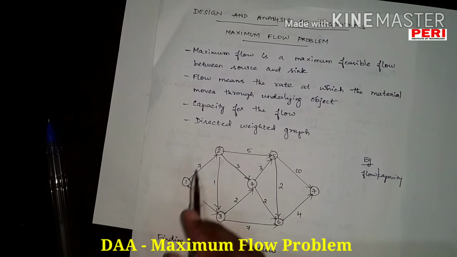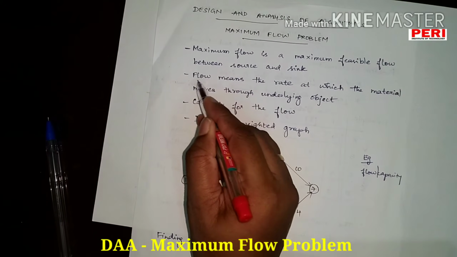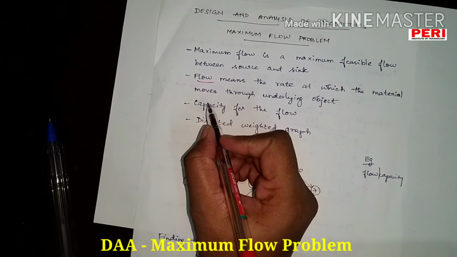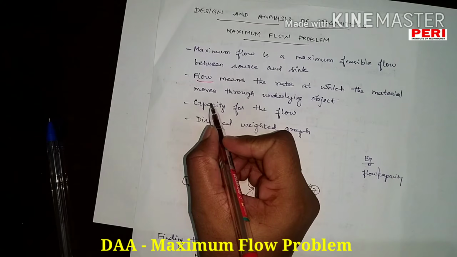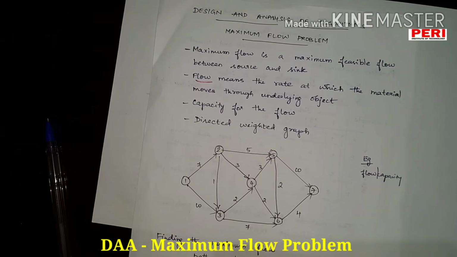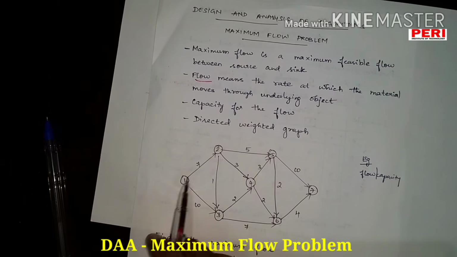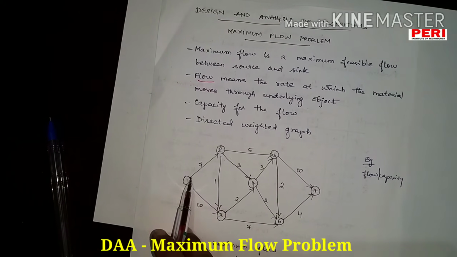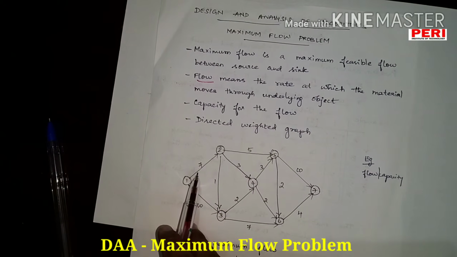So what do you mean by flow? Flow means the rate at which the material moves through the underlying object. For example, consider these lines as pipes. The maximum flow for this pipe is 7.